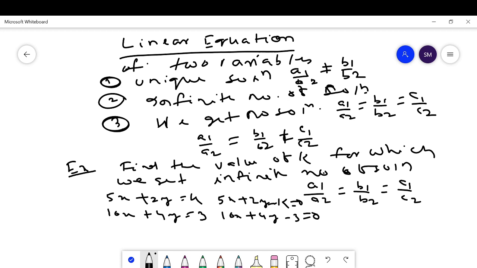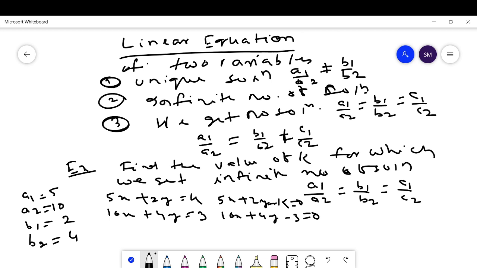Here a1 is 5 and a2 is 10. What is a1? a1 is the coefficient of x in equation 1, and a2 is the coefficient of x in equation 2. b1 is the coefficient of y in equation 1 and b2 is the coefficient of y in equation 2.